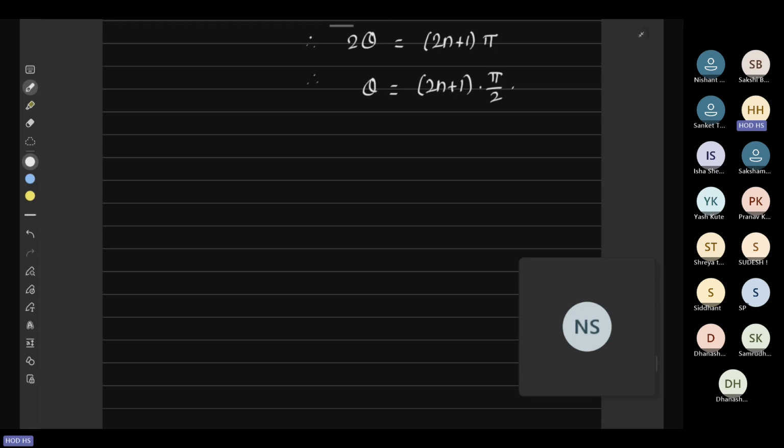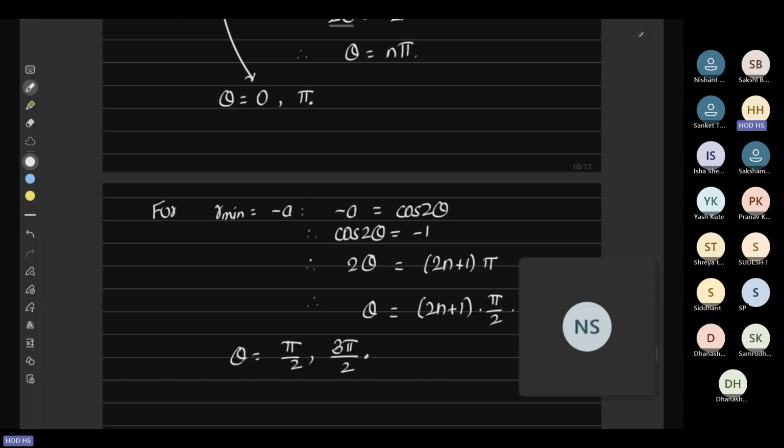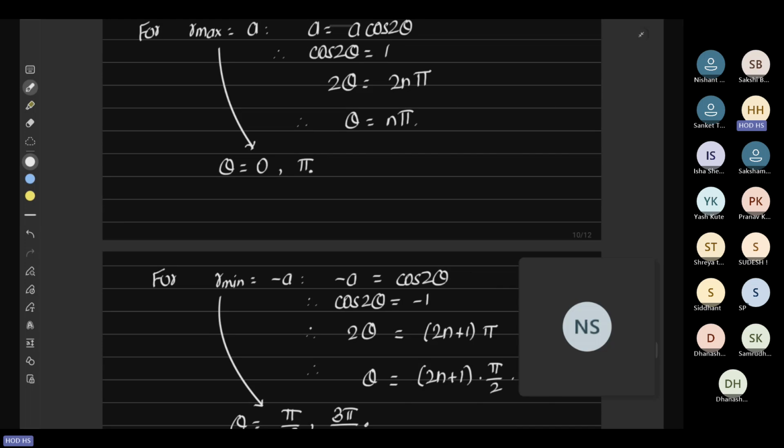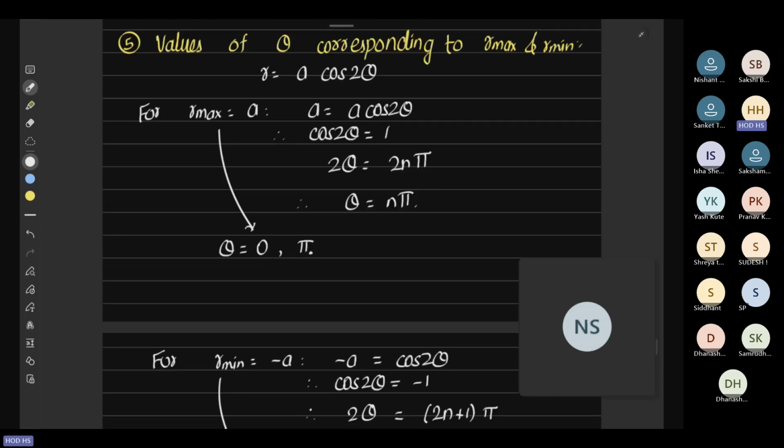So in one complete rotation, I will have two different values. Theta is equal to pi by 2 and theta is equal to 3 pi by 2. So I got my values corresponding to r max and r min. So let's calculate the tangent at this point.